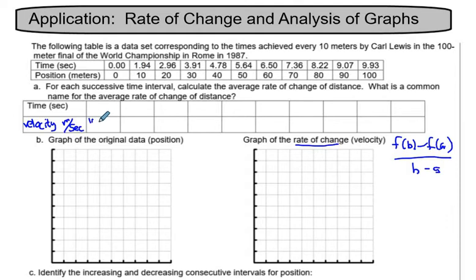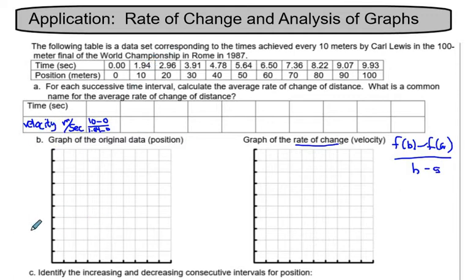So it would be 10 minus 0, f of b minus f of a, over the time, or 1.94, the input of 10 minus 0, and then you're going to use a calculator and figure out what all those values are all the way across like that. The next one would be 20 minus 10 over 2.96 minus 1.94.